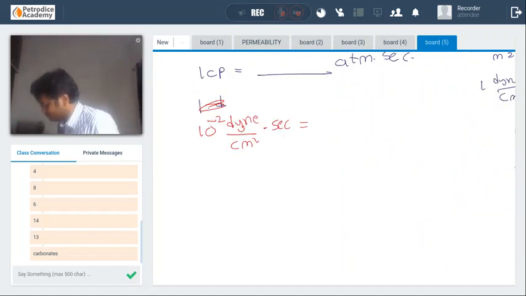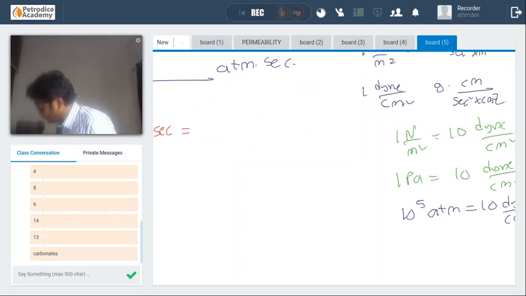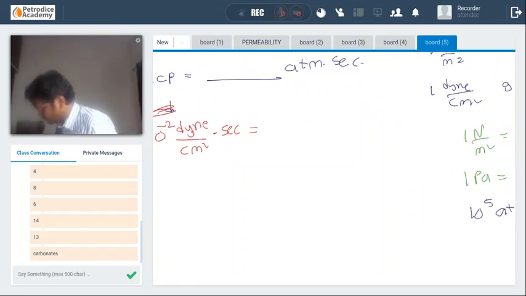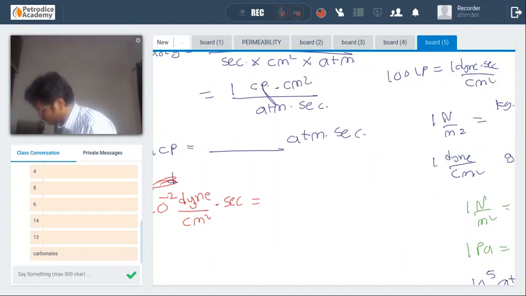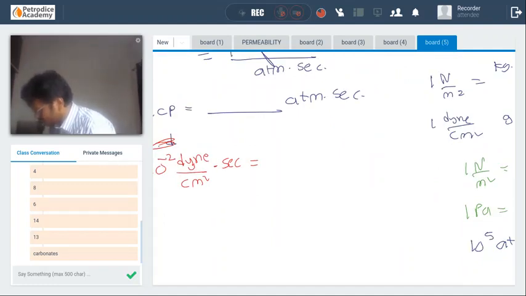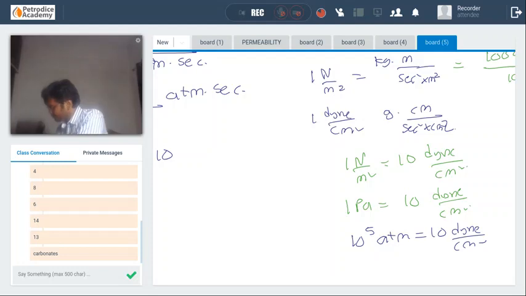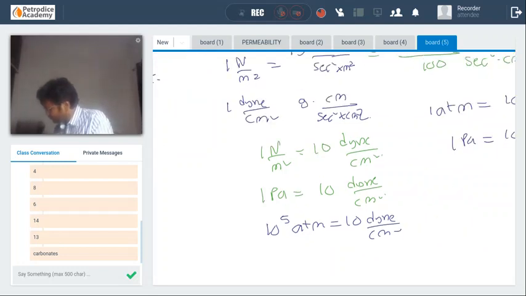So 1 dyne per centimeter square is equal to 10 to the power minus 6 atmosphere.